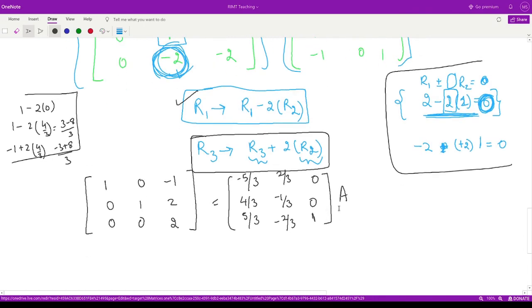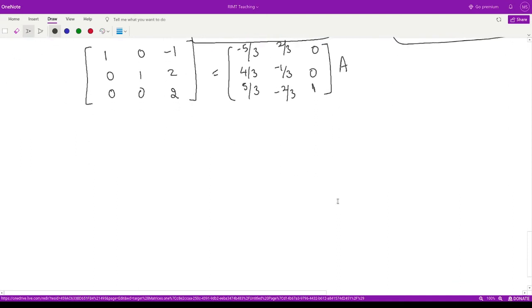So you see, we have reached very close to making this matrix the identity matrix. The only thing that is missing is making this column 0, 0 and 1. So we'll start here by making this element 1 first. How can we make this element 1? On R3 we can apply the operation R3 divided by 2.